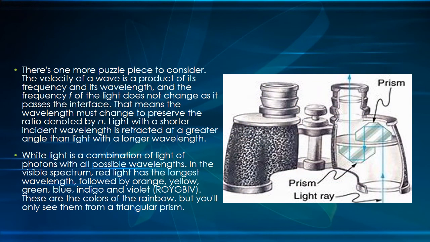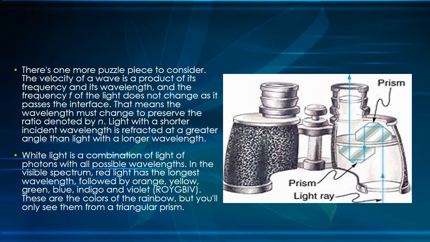There's one more puzzle piece to consider. The velocity of a wave is the product of its frequency and its wavelength. And the frequency f of the light does not change as it passes the interface. That means the wavelength must change to preserve the ratio denoted by n. Light with a shorter incident wavelength is refracted at a greater angle than light with a longer wavelength.